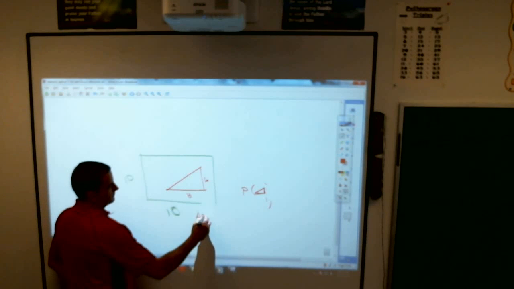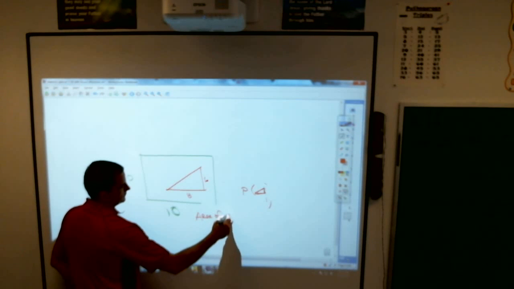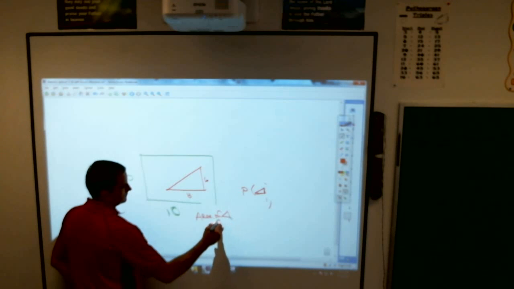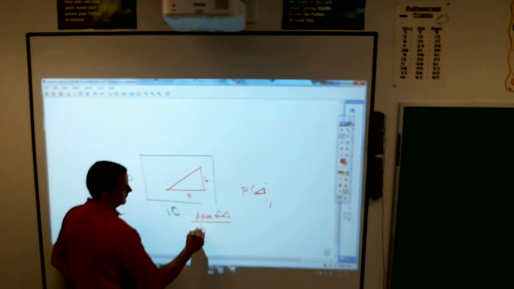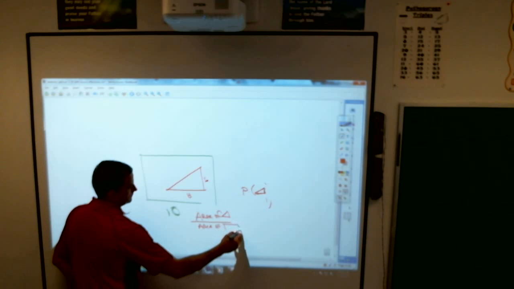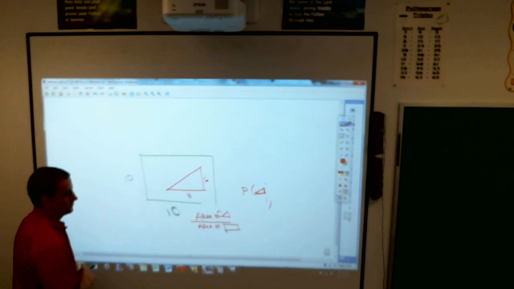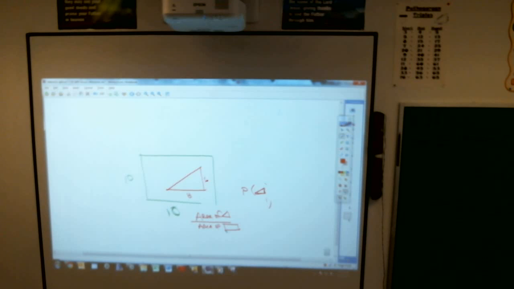It's the area of the triangle over the area of the square.